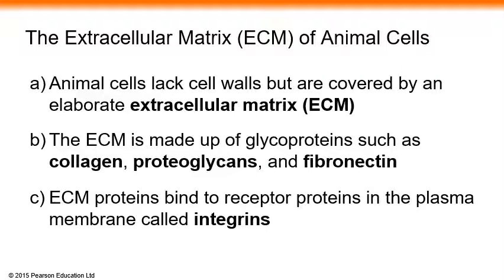The ECM is made up of glycoproteins such as collagen. Collagen is a huge protein, along with proteoglycan and fibronectin proteins. And ECM proteins bind to receptor proteins in the plasma membrane called integrins.